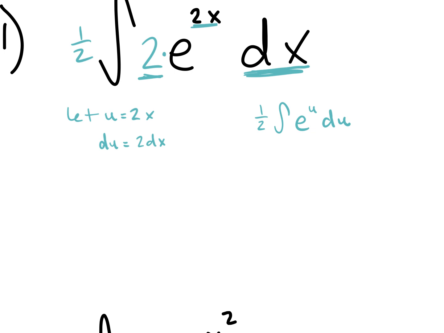The exponent. Oh, the exponent, and then du would just be the derivative of the exponent? Yeah. So for these, it's not all the time that u is going to be your exponent. It depends on what the question is.